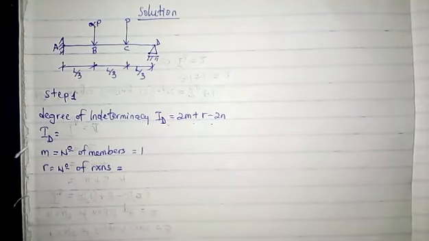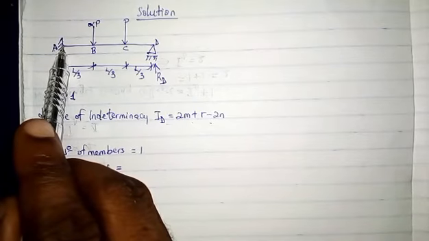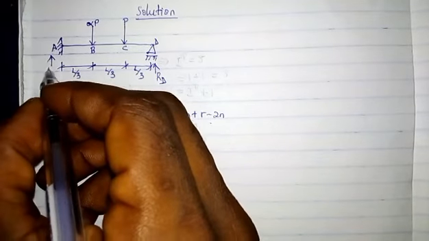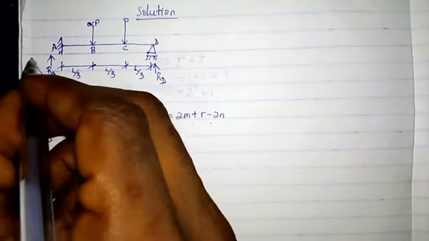Here is a roller support, and a roller support has one reaction, a vertical reaction which acts upward, which is RD. Then the support at A is a fixed support, and it has three reactions: a vertical reaction, RA, a horizontal reaction, HA, and a moment, MA.